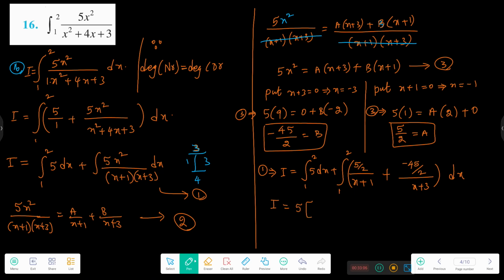So 5 into x integral dx, x will come, from 1 to 2, and here 5 by 2 if you take outside, the integral of this one is log of denominator, which means log of modulus (x + 1) you will be getting. Minus 45 divided by 2 also, if you take, this is also log of denominator, so log of modulus (x + 3) you will be getting.